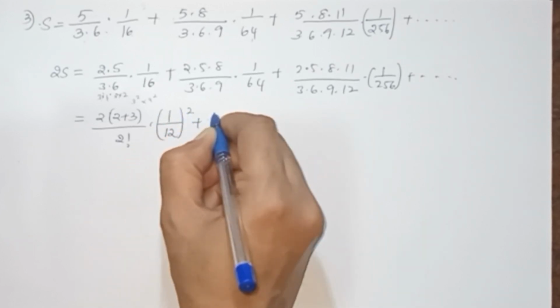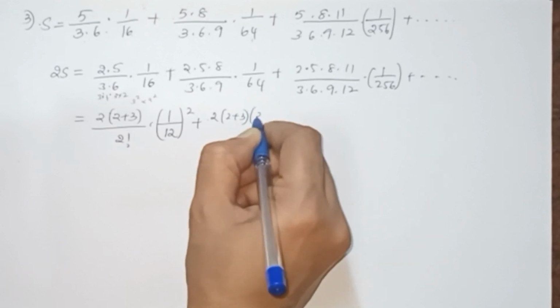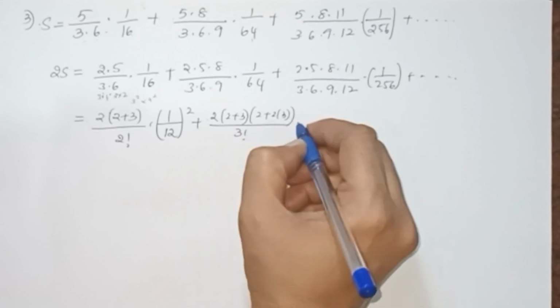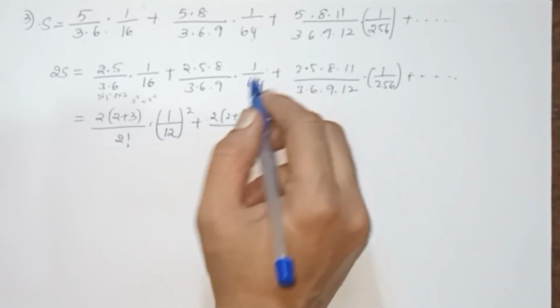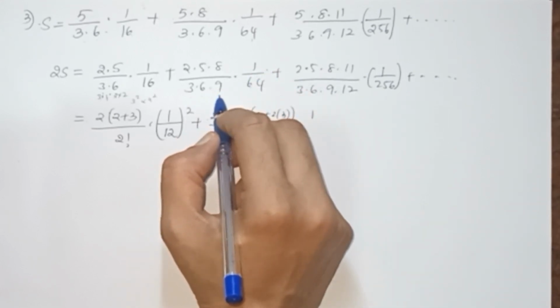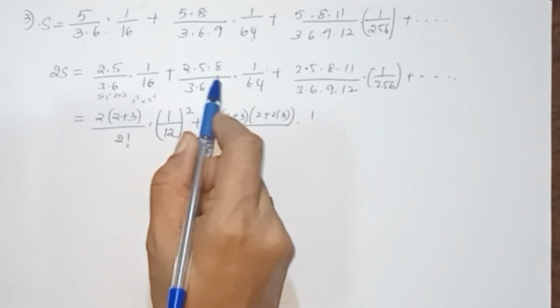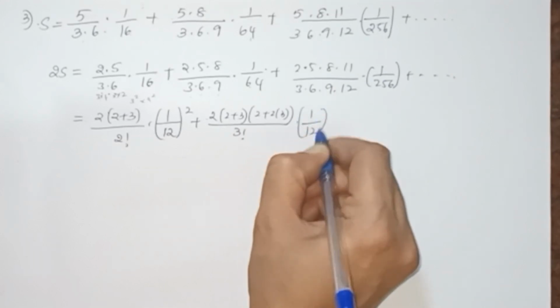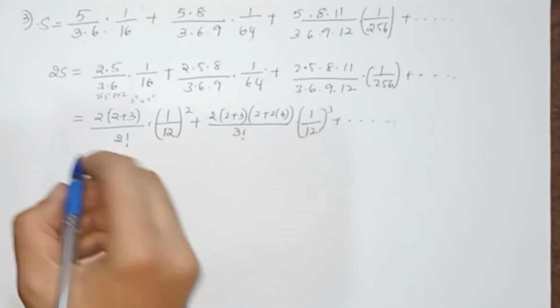So plus 2 into 2 plus 3 into 2 plus 2 into 3 divided by 3 factorial into 4 cube. Here 1, 2, 3 means here it is 3 cube. So 4 cube into 3 cube, that is 4 threes are 12, 1 by 12 whole cube plus so on.